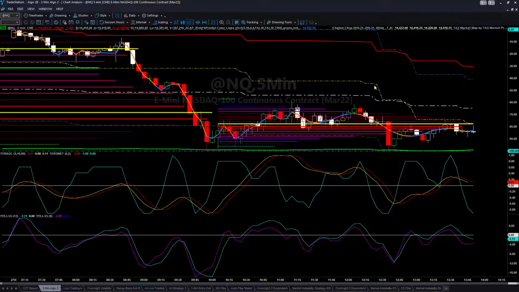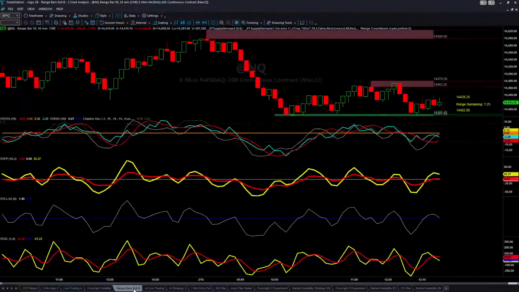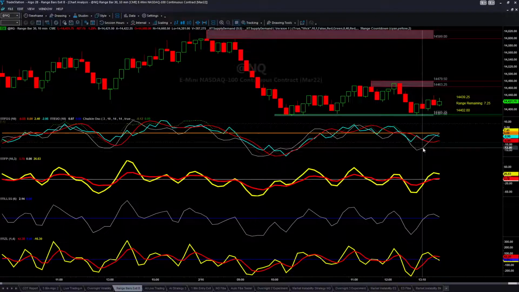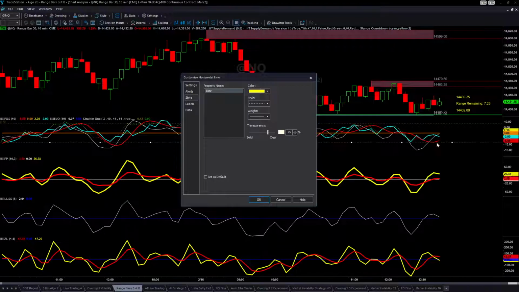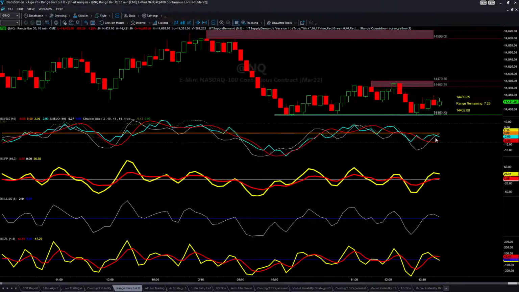Yep. And I am just about flat on that position right there. So let me just take a peek at my range bars right now. It's got a little bit more puff left to the upside, little bit, but it's below the zero line. So this denotes a sideways moving security right now.